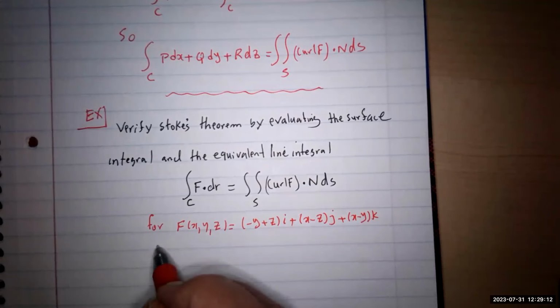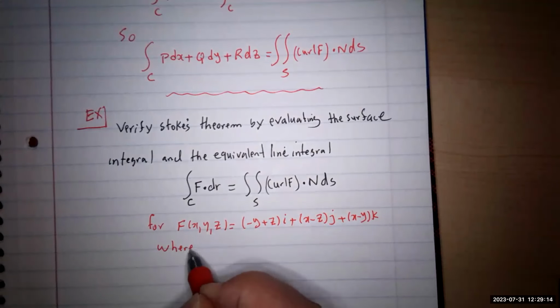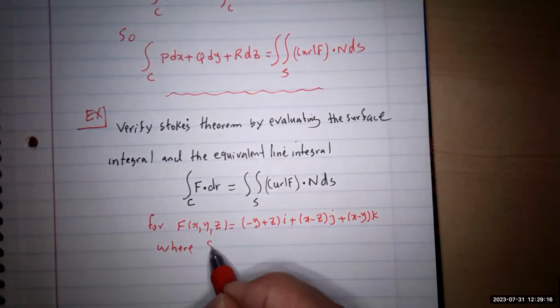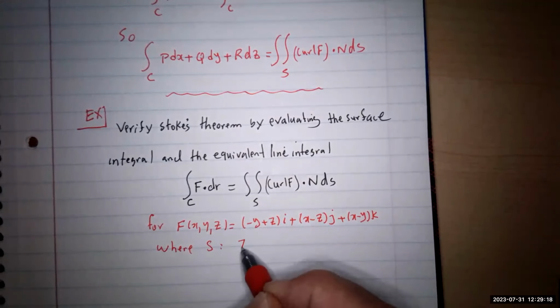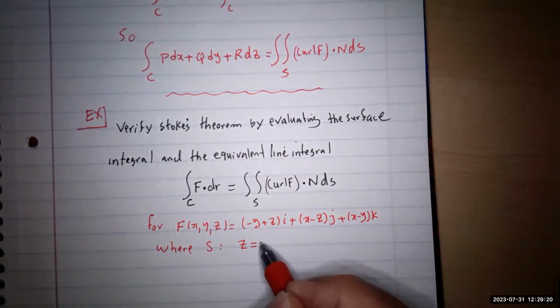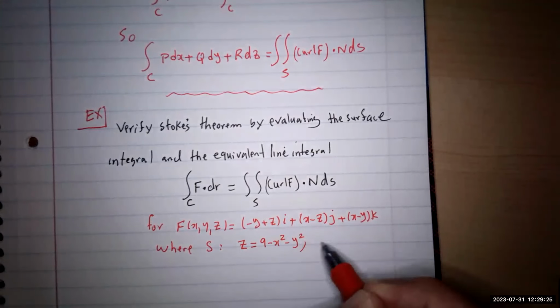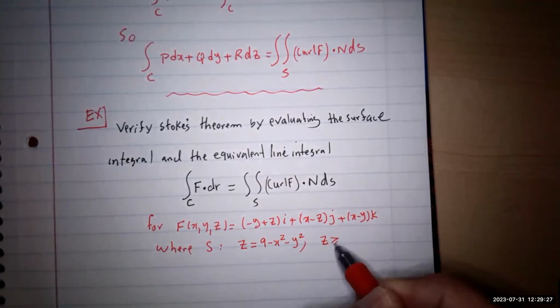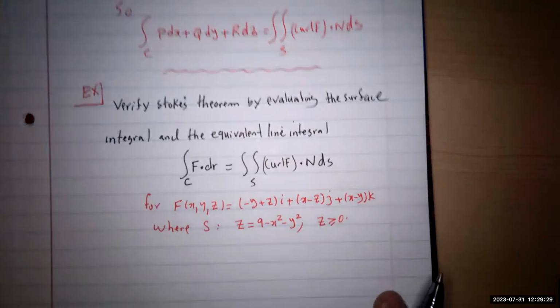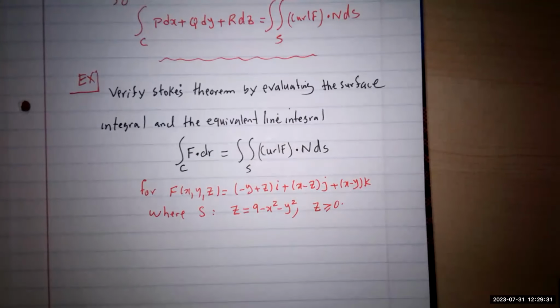Where is the surface? The surface is z equals x squared minus y squared, and z is positive. You know the cross section is going to be a circle centered at 0 with a radius of 3, and by itself it is just a paraboloid, if you like.